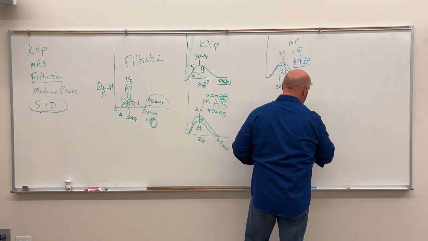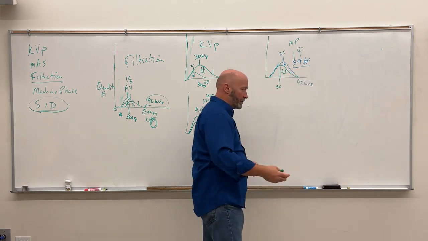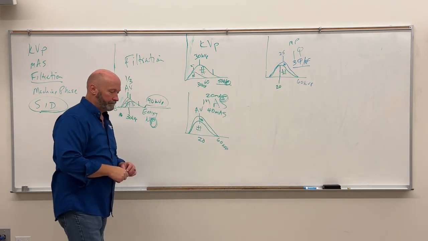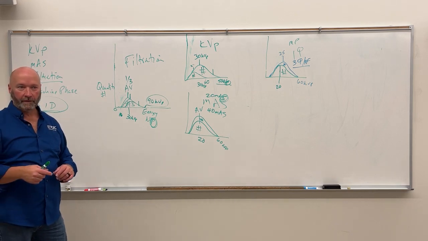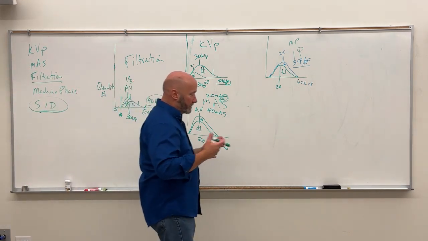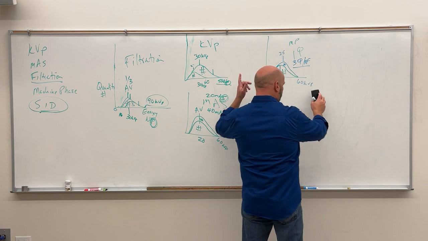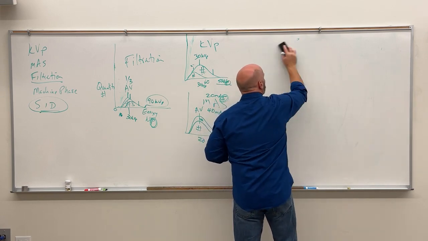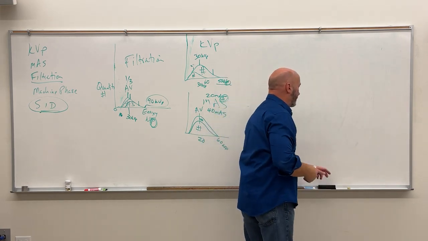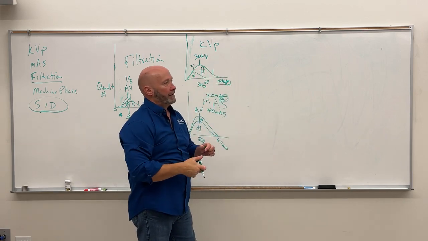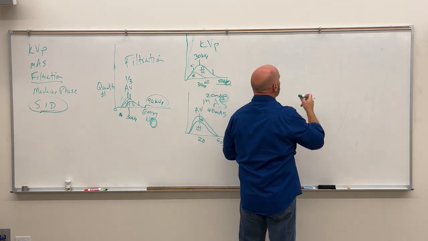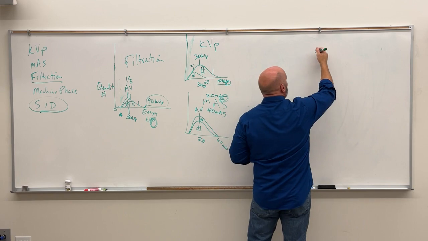And we touched on this early in the semester whenever we talked about radioactive half-life. So some of y'all may be ringing a little bit of a bell, and hopefully this will remind some of y'all. All right, so half-life.